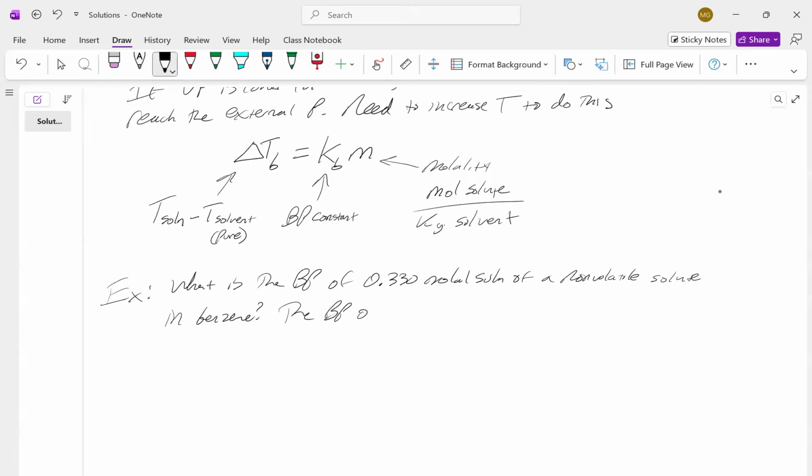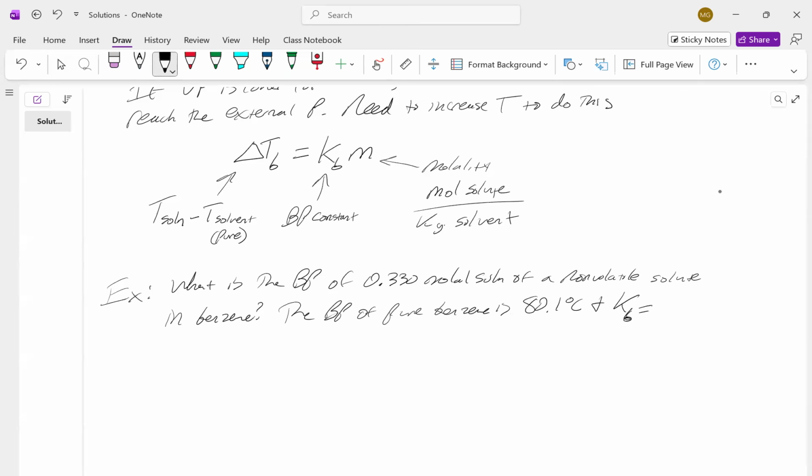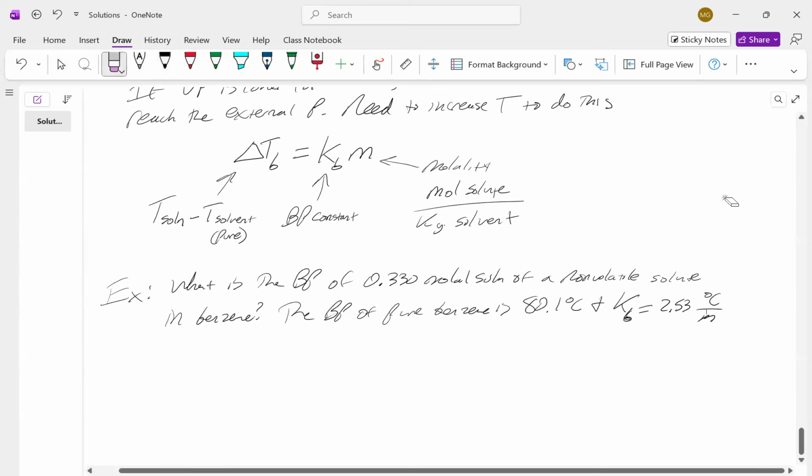The boiling point of pure benzene is 80.1 degrees Celsius, and benzene's Kb, the boiling point constant, is 2.53 degrees Celsius per molal. Kind of got some weird units, but that's just so everything cancels out properly.